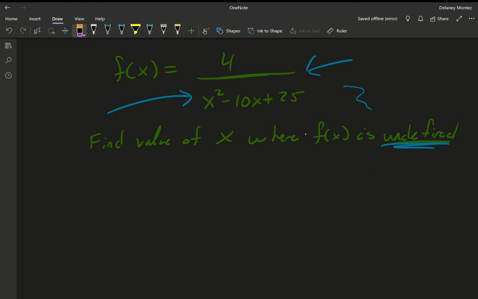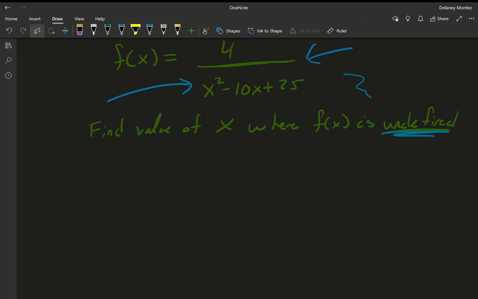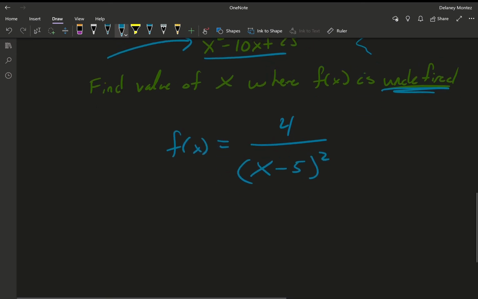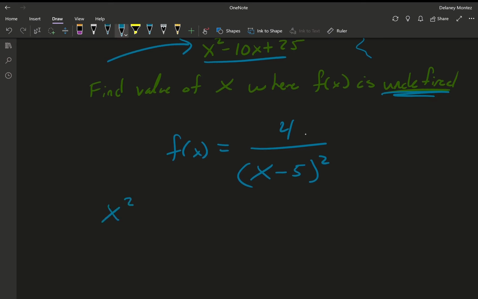Well, the key to this is recognizing, either you can see it off the bat, or recognizing that this factors out into x minus 5 squared, where x squared minus 10x plus 25 equals x minus 5 squared.